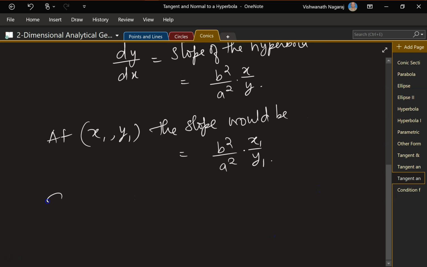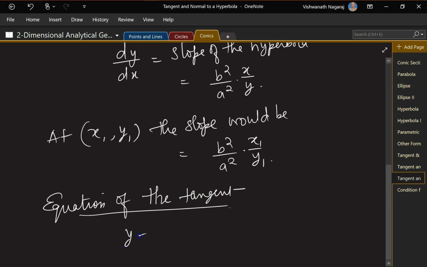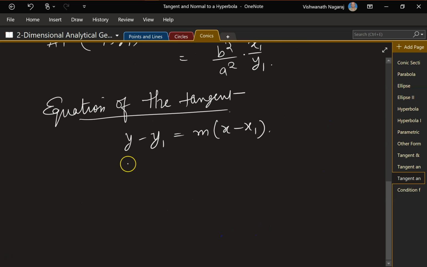So the equation of the tangent would be y minus y1 is equal to m times x minus x1. So let's substitute m by this slope: b squared by a squared times x1 by y1 times x minus x1.